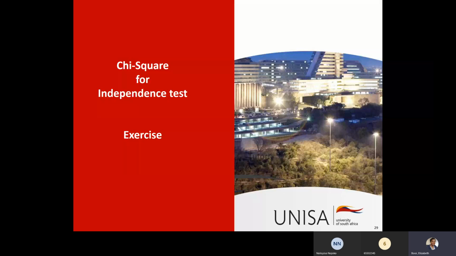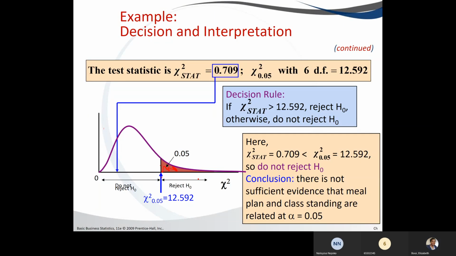Now we can do the exercise. Do you have any questions? If there are no questions, then we will do an exercise.